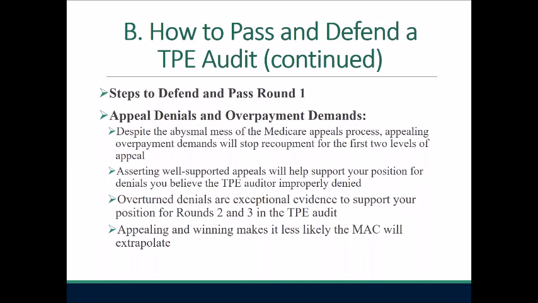And this has been a very successful strategy when you have someone, provider outreach or an auditor that's a part of a TPE that's producing denials that you disagree with. Then you've got a well-supported position.